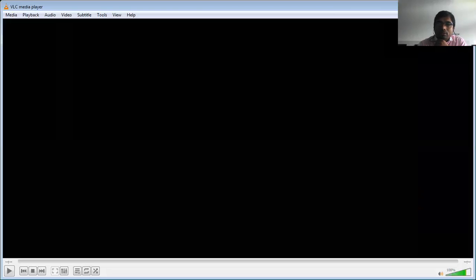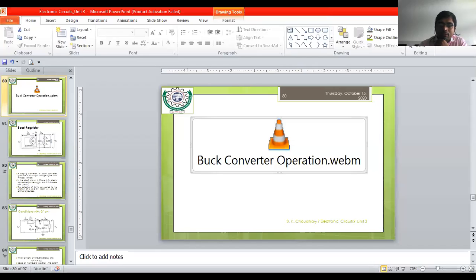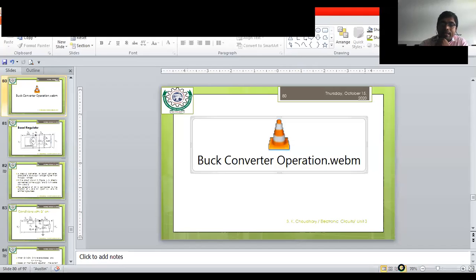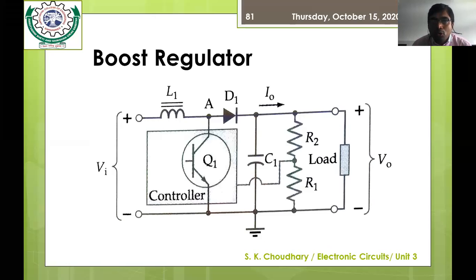Now we go back to our presentation, and now the second kind of converter is called the boost regulator. Another name for this is step up regulator.